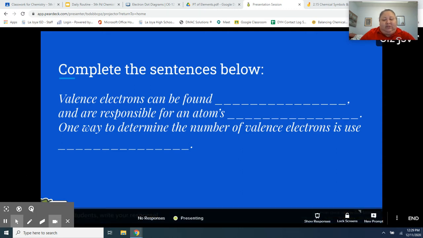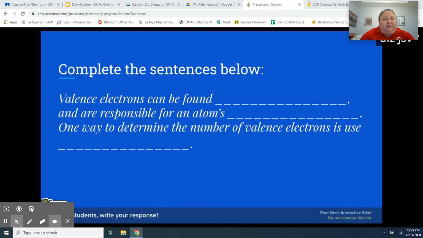Okay, let's do the second part. And are responsible for an atom's what? What are valence electrons responsible for? Mario, can you repeat that?